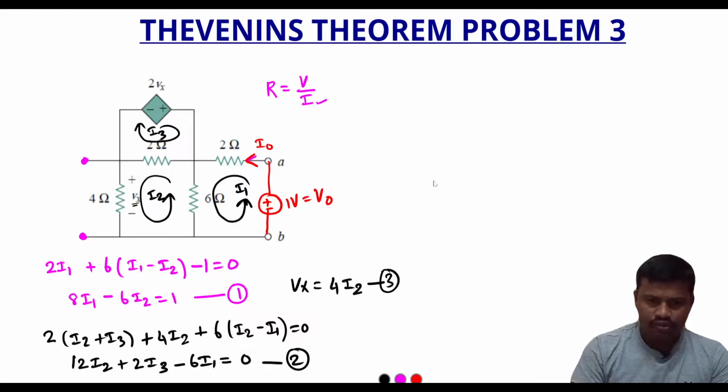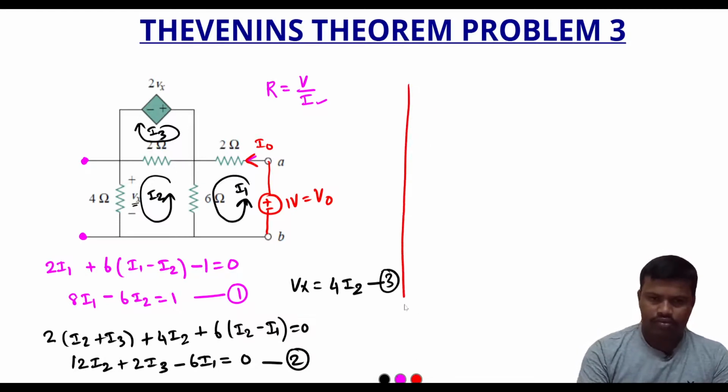Now we will apply KVL to loop 3 and write the equation.